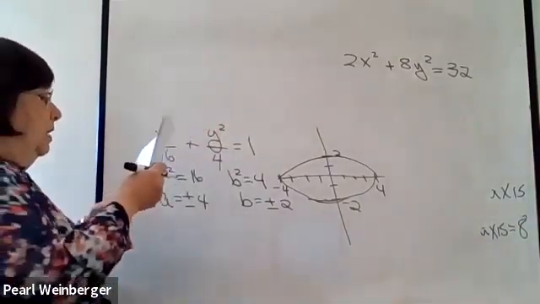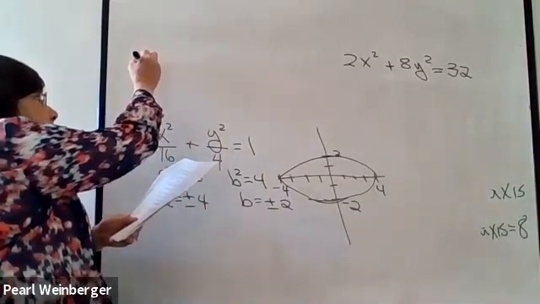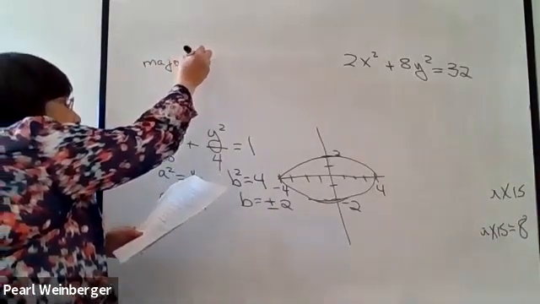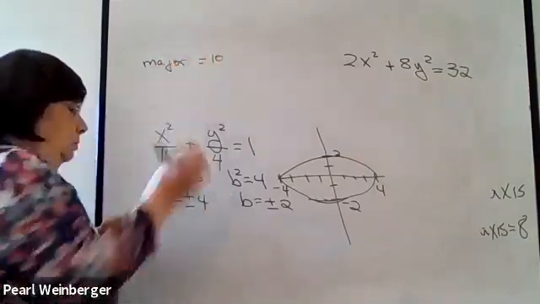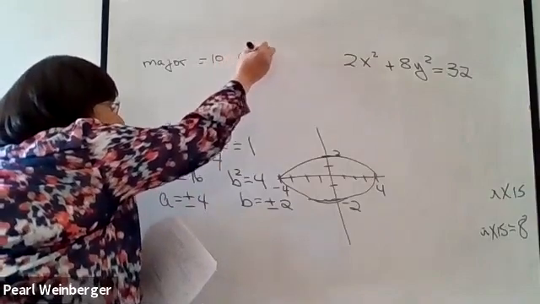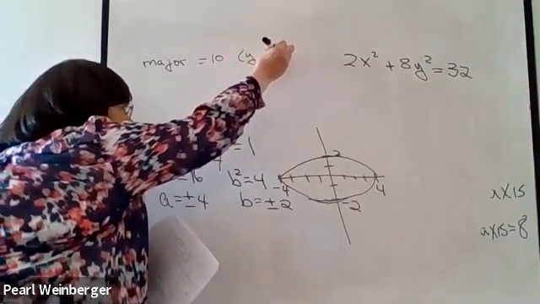I have an ellipse whose major axis is 10 units, and it's along the y-axis.